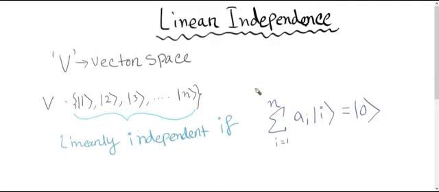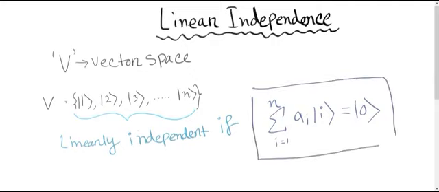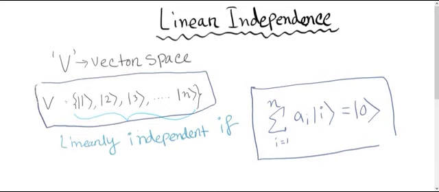And if this combination is trivially satisfied, that is, if you expand this, all the coefficients a1, a2, a3, ..., an have to satisfy this equation, and if they are trivially satisfied, that is, all the a's are 0, then these objects in the set of this vector space are called linearly independent.